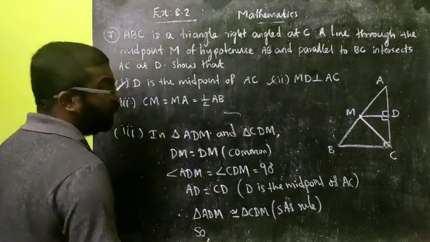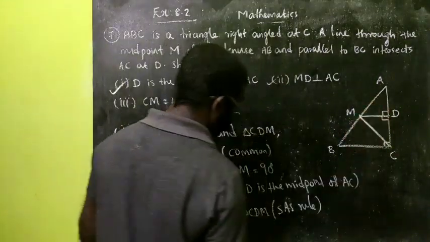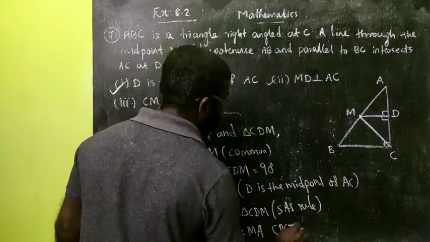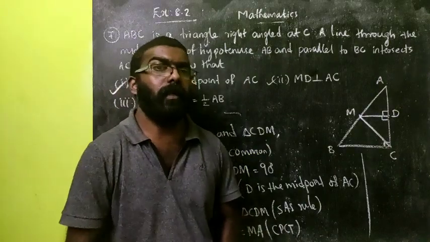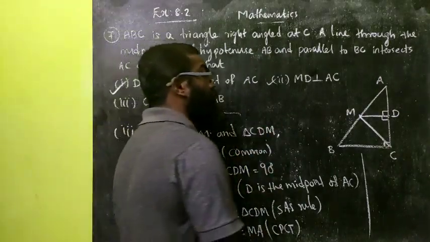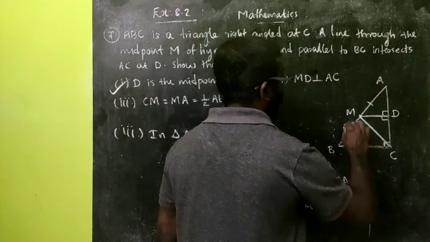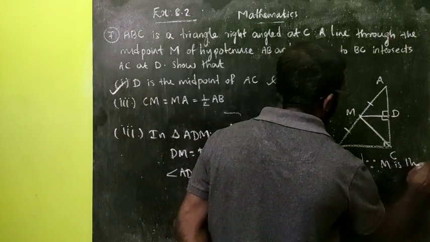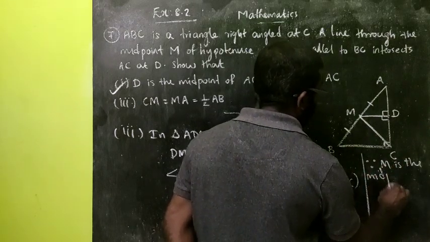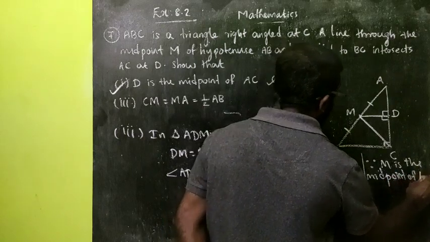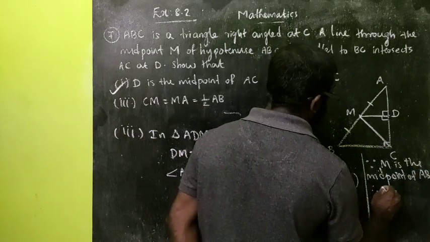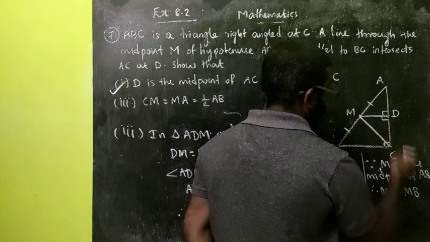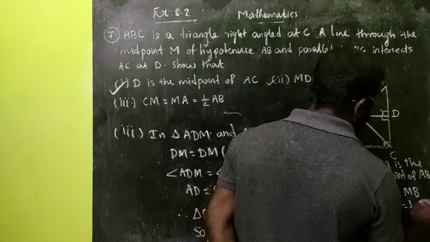And by CPCT, we can write CM equal to MA. But in the question it is given that M is the midpoint of AB. M is the midpoint of AB implies MA and MB are equal. Okay. So since M is the midpoint of AB, therefore MA equal to MB, which is equal to half AB.